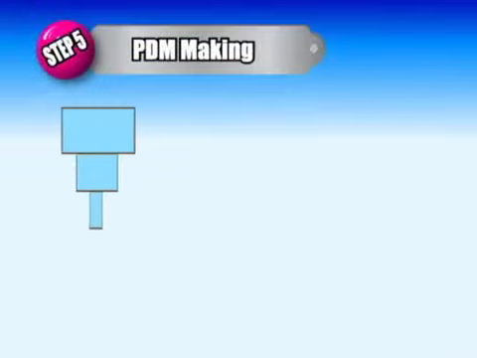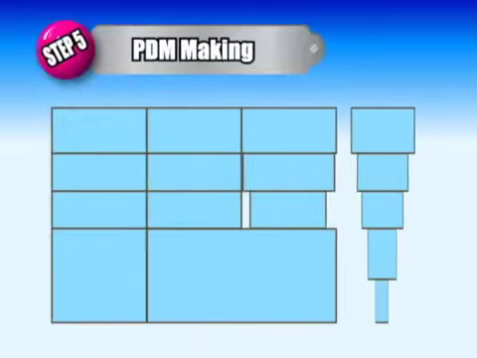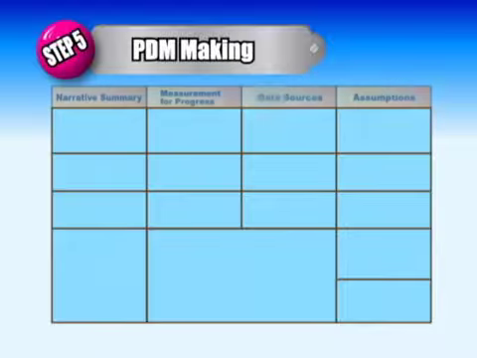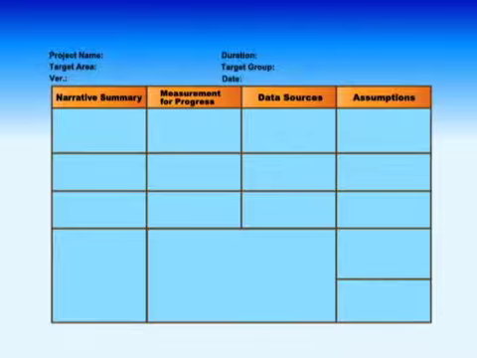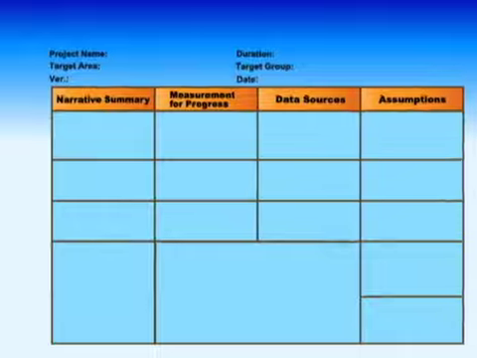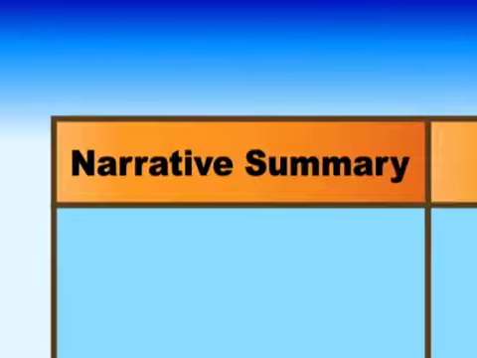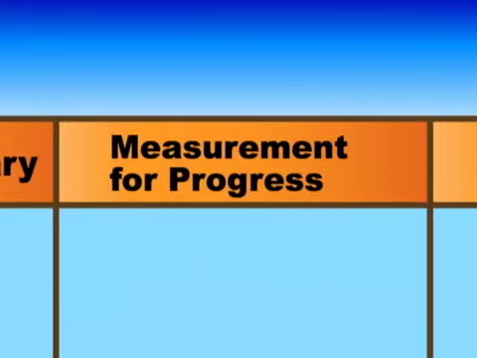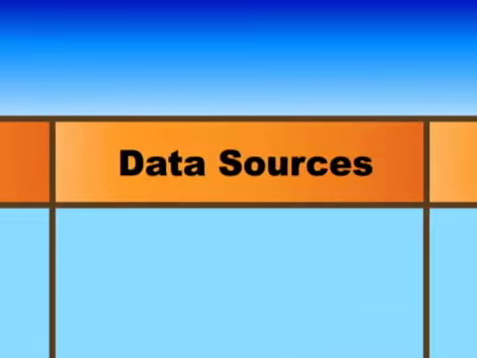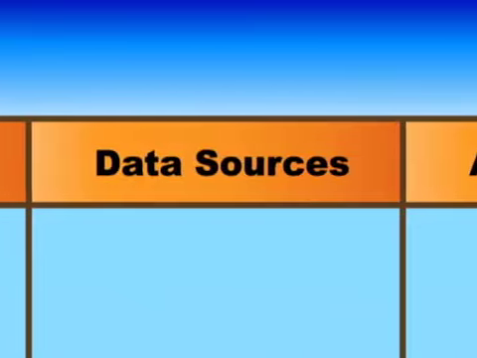Step 5, PDM, is a table showing a summary of the project contents, which consists of 16 cells. The table has 4 rows, which are from left to right: 1. Narrative summary, 2. Measurement of progress, 3. Data source, and 4. Assumptions.